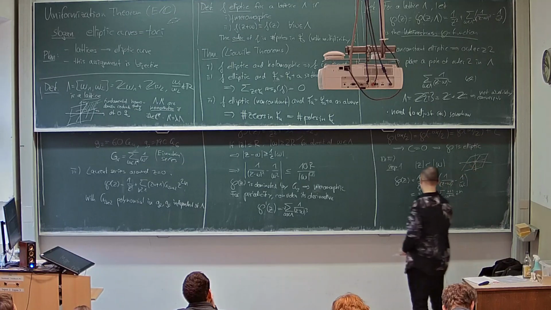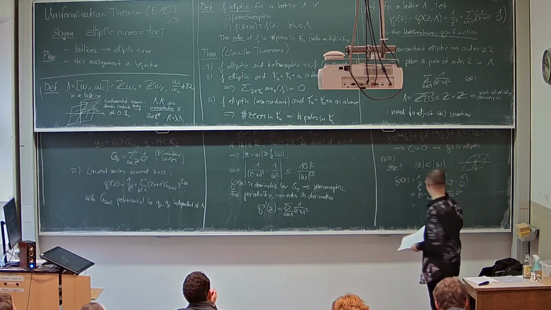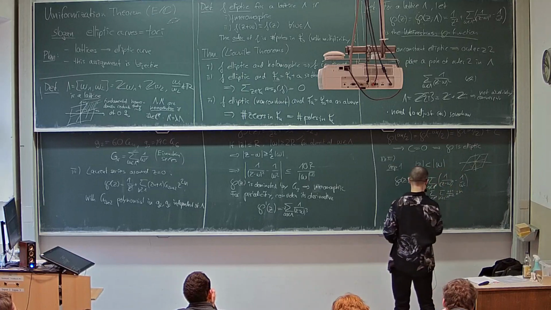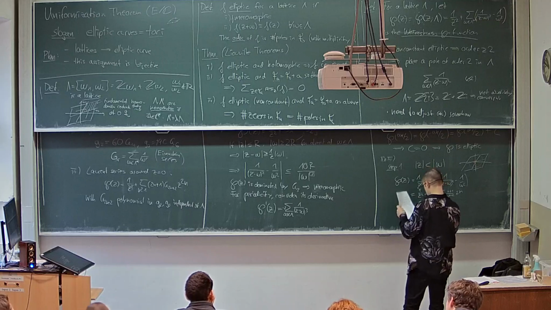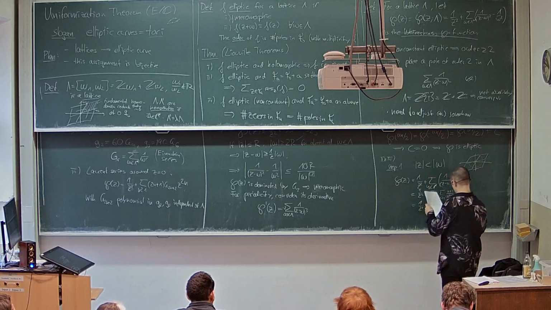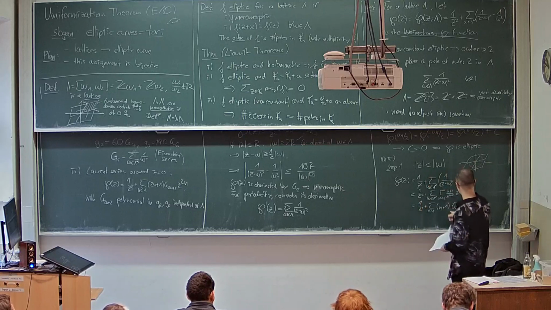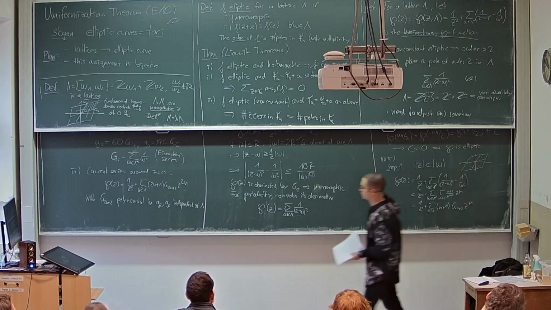Yeah. And because this here is absolutely convergent by our argument in part A, we can swap these two sums. We can swap these two sums. And what remains then is just G n plus 2 times z to the n, because by definition what we get here is the sum over all omega which are not 0 of 1 over omega to the n plus 2.